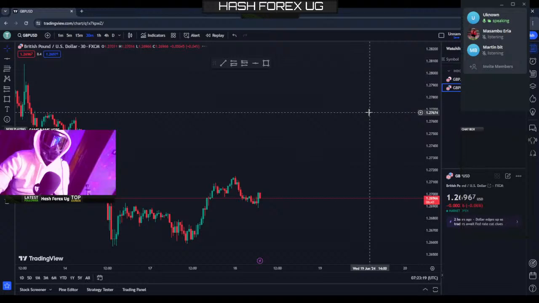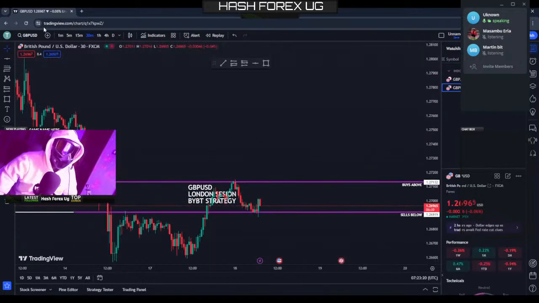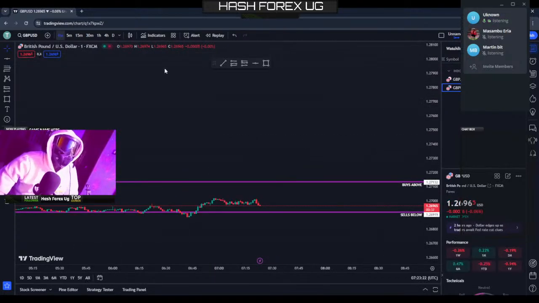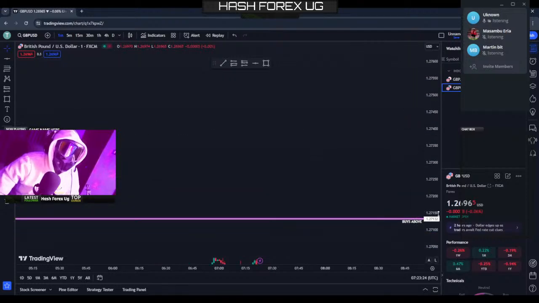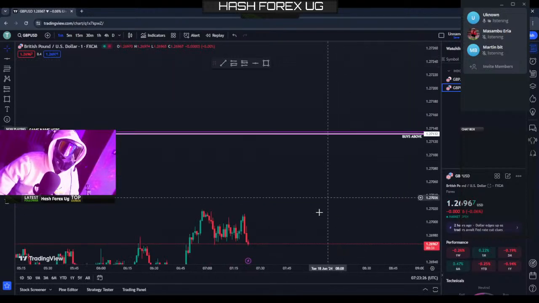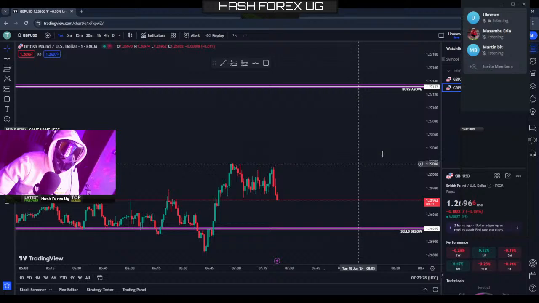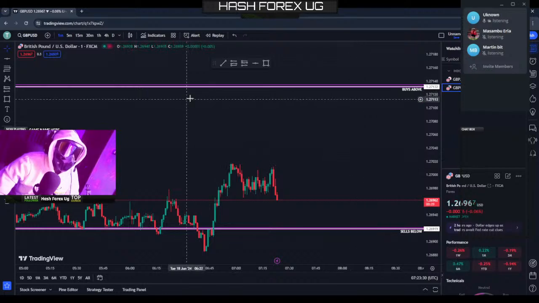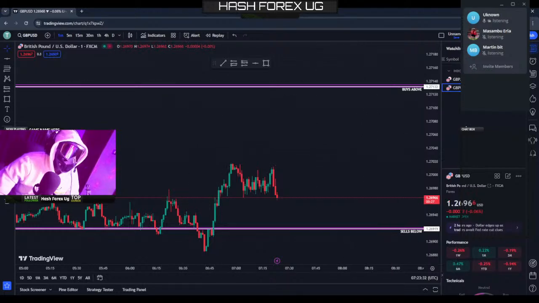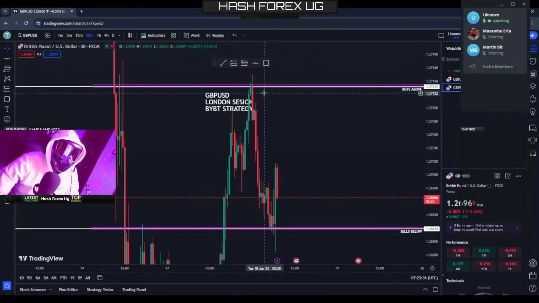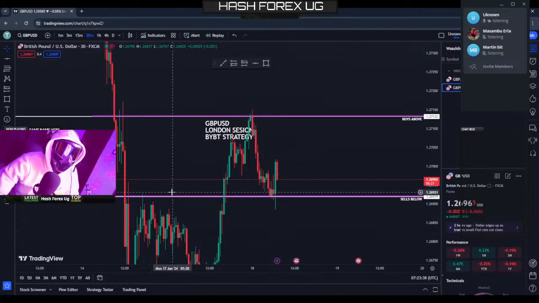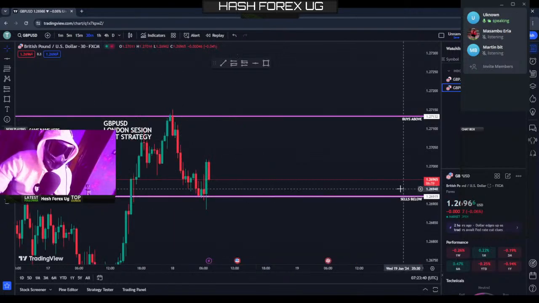Then GU shall be having the same thing. We want to get the buys above that zone and then the sells below this zone.